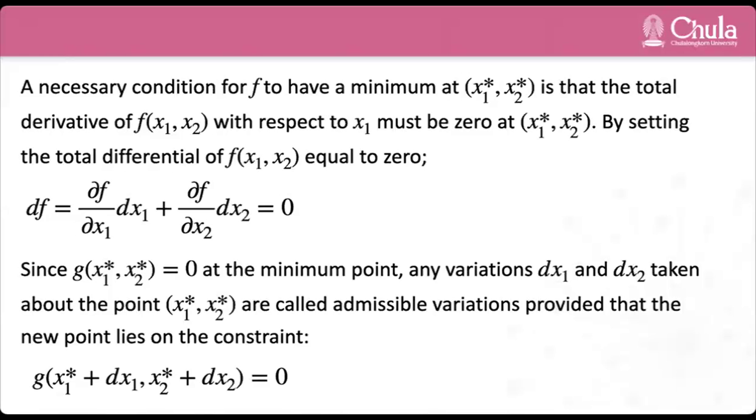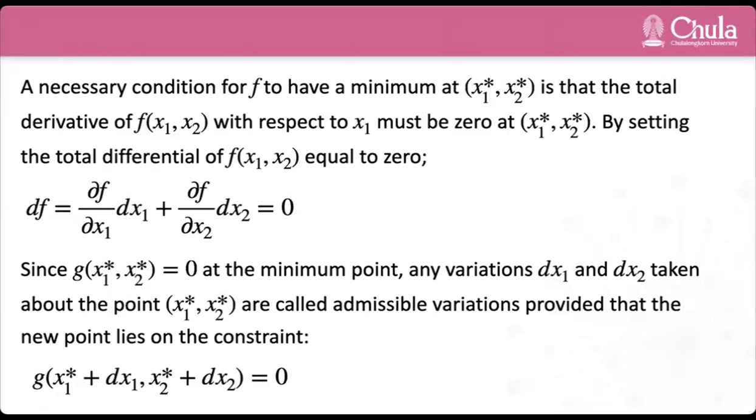That means the derivative in each direction is 0. So we can write the total differential df. df is the change in the x1 direction plus the change in the x2 direction.